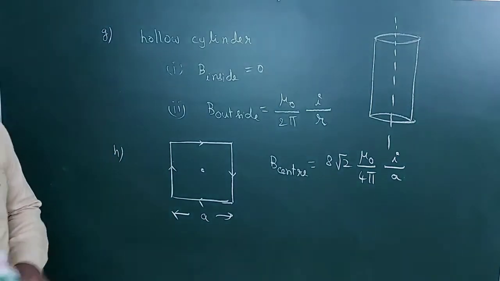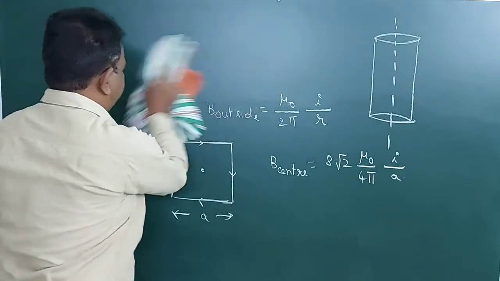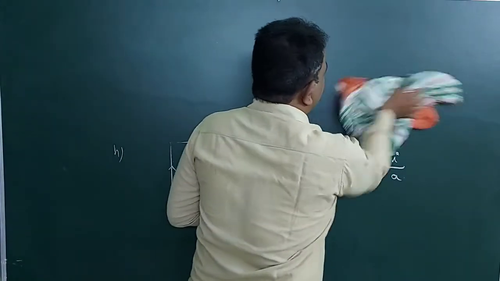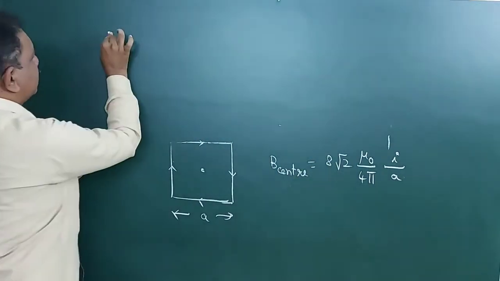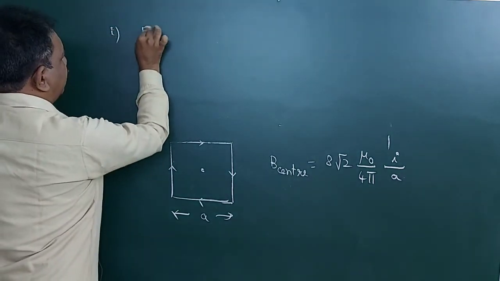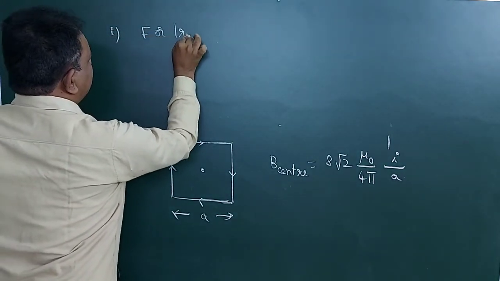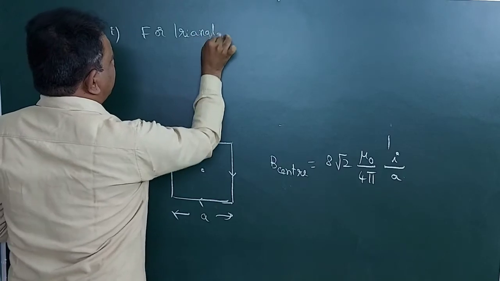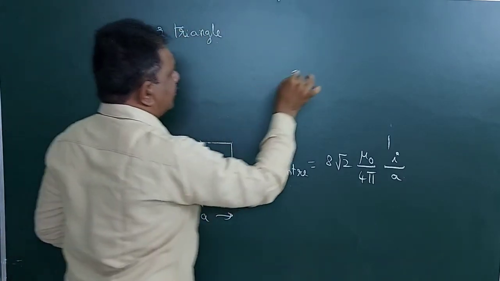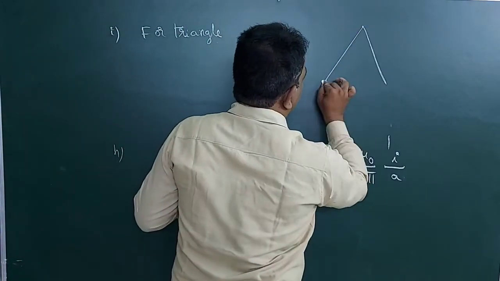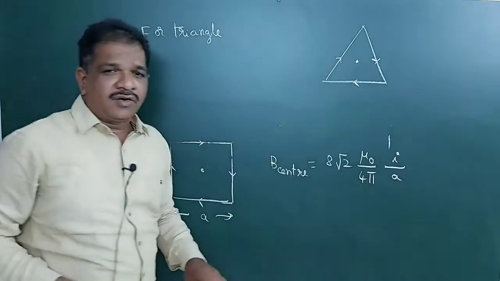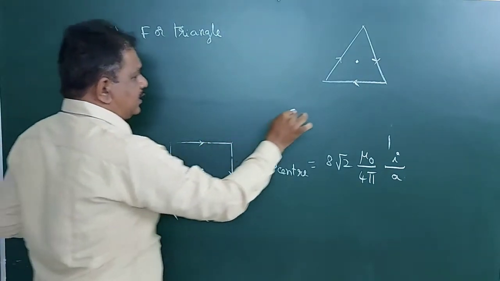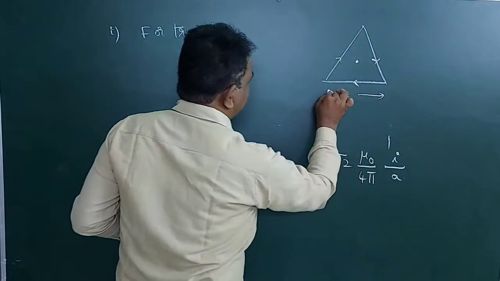If it is a triangle, for an equilateral triangle, current I is flowing, at the centroid. Side is A only for this.